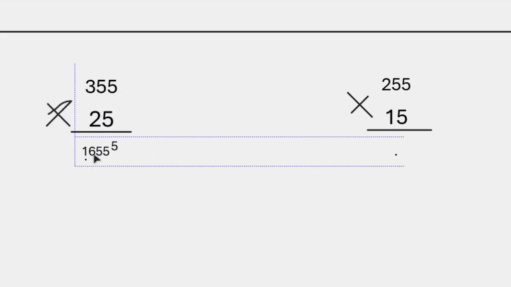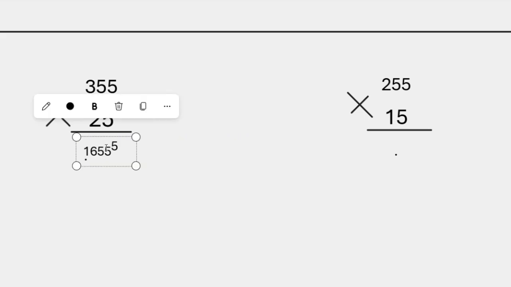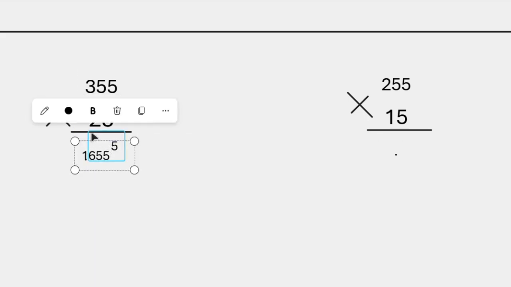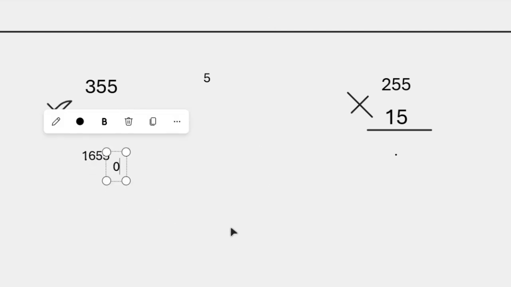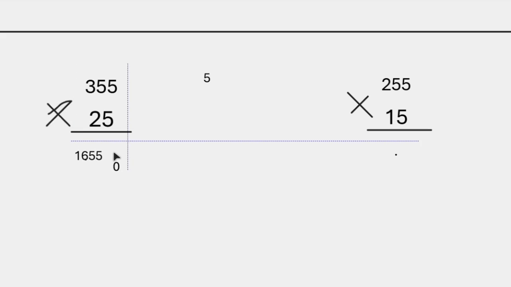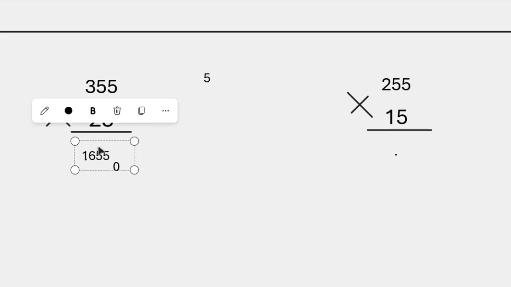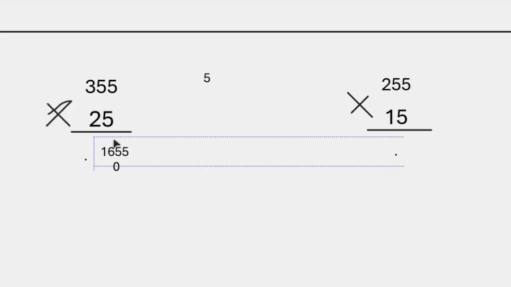Now that makes 1,655. Well, if you ask me, we didn't multiply with the 20. So first, when you find the second number while multiplying, the first thing you must do is put a 0 right over here, under the ones. And then we multiply. 2 times 5 makes 10.